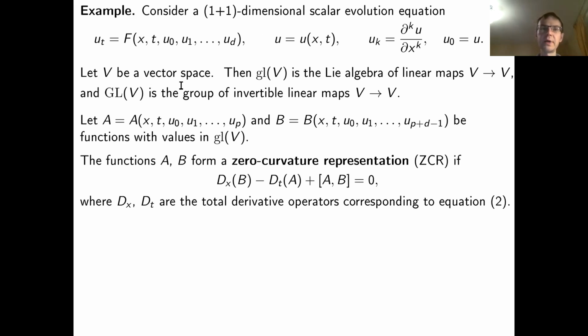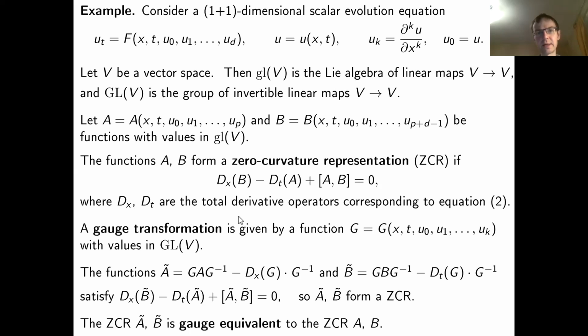Now for any vector space we consider the Lie algebra of linear maps and the group of invertible linear maps, and functions a and b with values in the Lie algebra of all linear maps. One says that the functions a and b form a zero curvature representation if the following well-known equation is valid, where Dx and Dt are the total derivative operators.